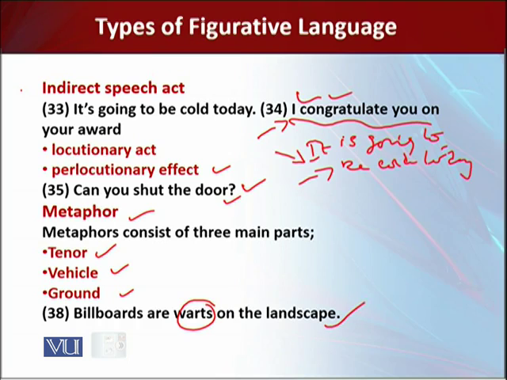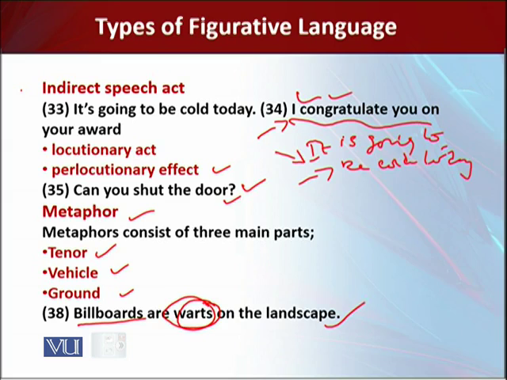Now the tenor is basically the topic. So the tenor of this example is billboards. The vehicle over here is what represents the tenor, what represents the topic. So here, what is representing is the wart.